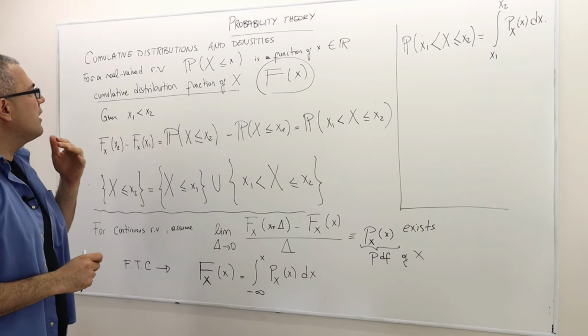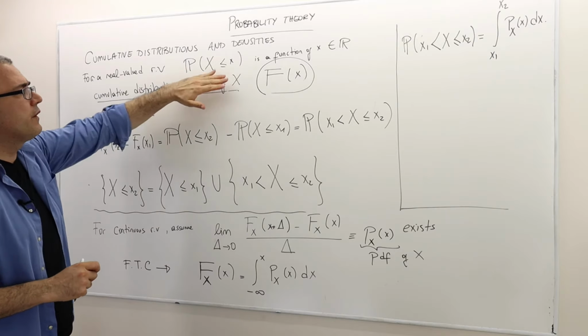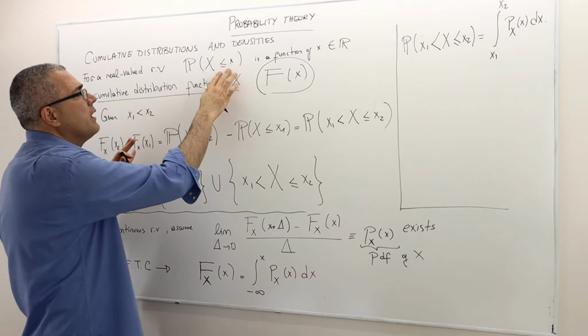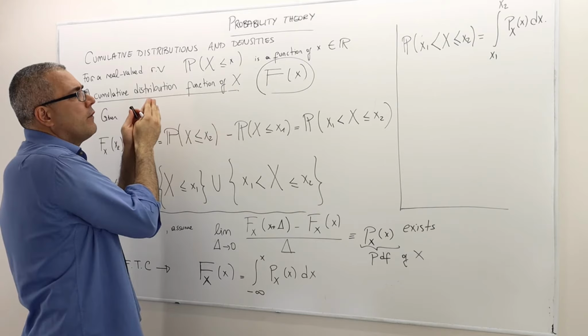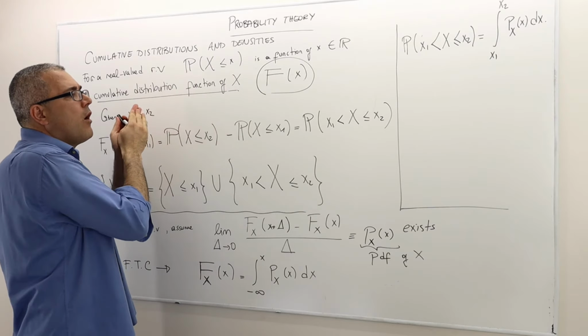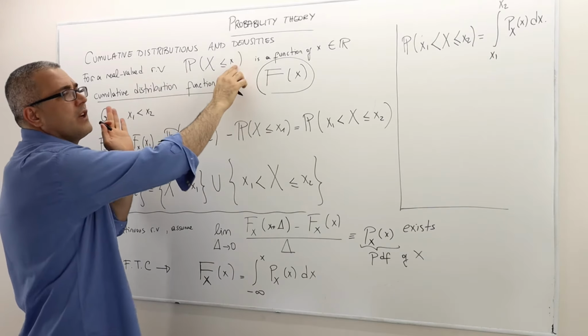Well, the reason we call it the cumulative distribution function is that it tells me the probability of the random variable being all the way up to some level x.